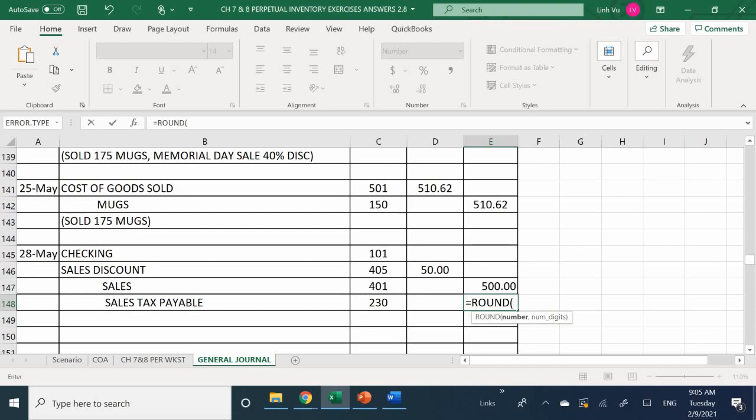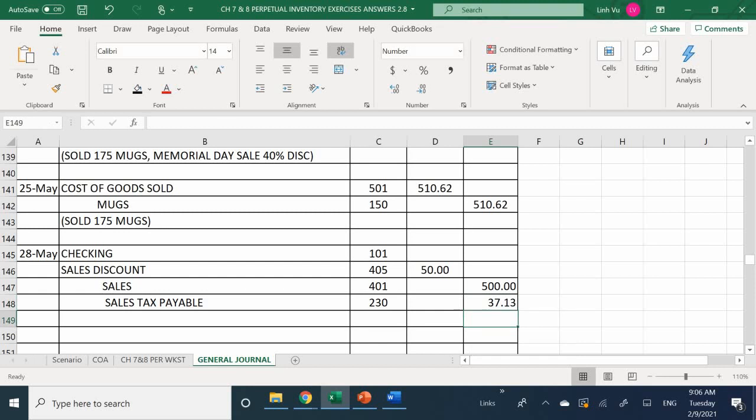I taxed off of the 500. I don't know why I didn't recognize that I subtracted it. So 450 times 8.25%, comma 2, 37.13.